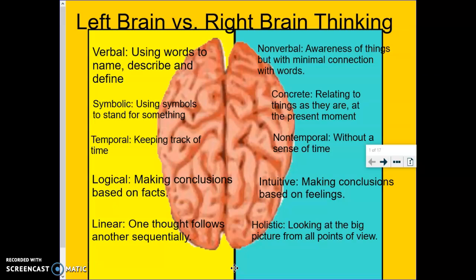I like to get lost in a project and express myself with pictures and paintings and artwork instead of being a little more verbal like math and science. But they're all good, and when you understand the way your brain works, you are getting the full advantage of your thought processes. So that's how your left side and your right side of your brain process information.